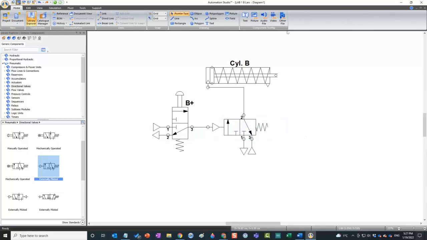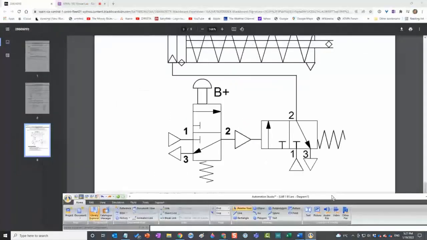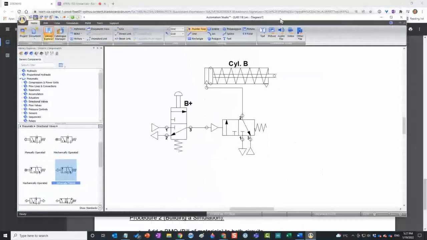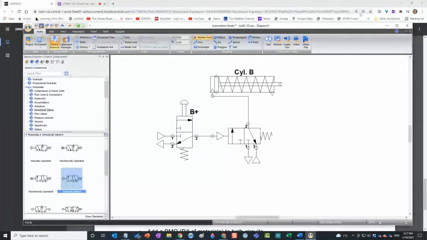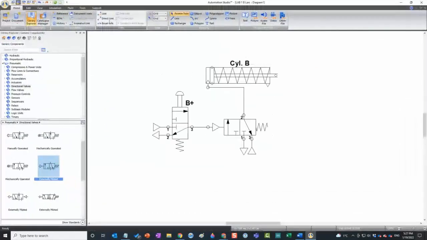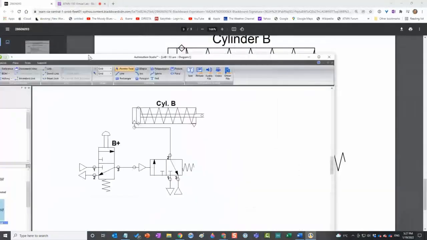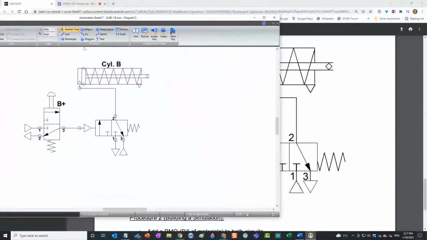I just have to understand the function of this thing. In this case, the air is going to come back here and pop out of here. Now, for some reason, I've got this thing working backwards. What have I done wrong? Can anyone see what I've done wrong here and why this thing is not working?